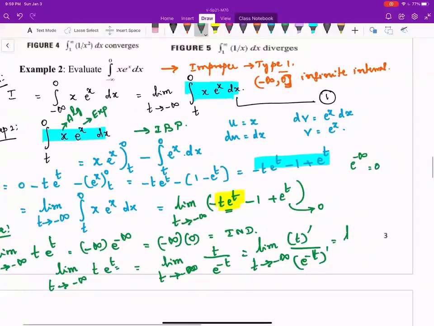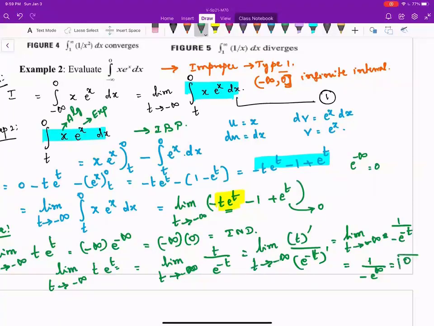The limit as t approaches negative infinity. The derivative of the numerator is 1. The denominator is negative e to the negative t, and we are applying the chain rule. So when you apply negative infinity, it is going to be 1 over negative e to the negative of negative infinity, that is e to the positive infinity.